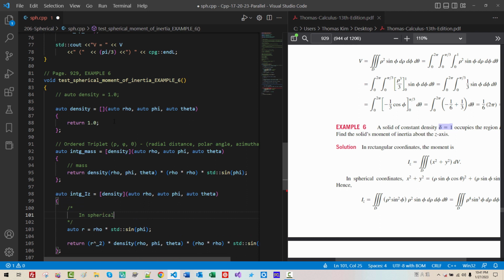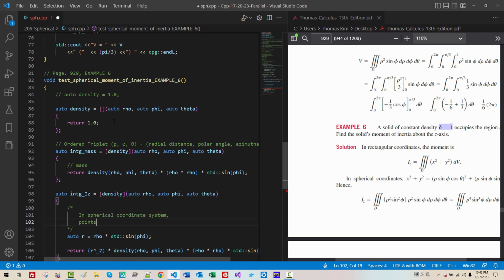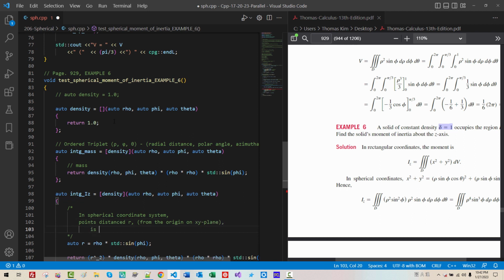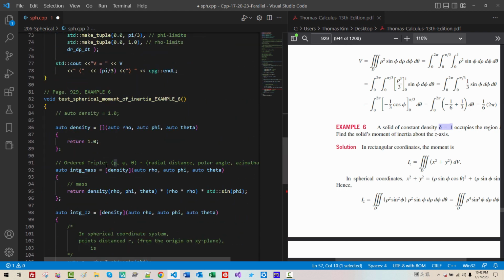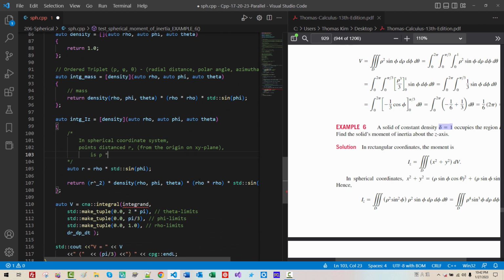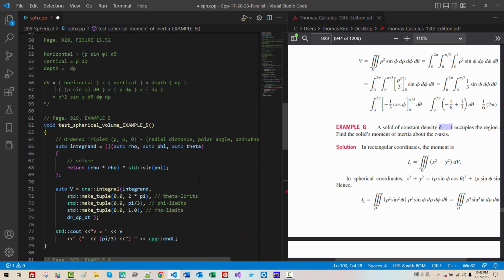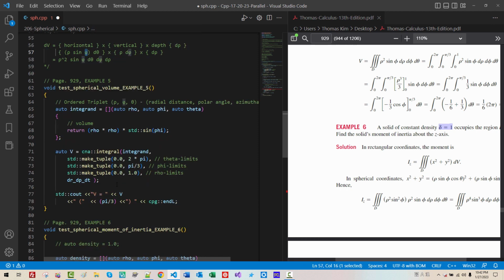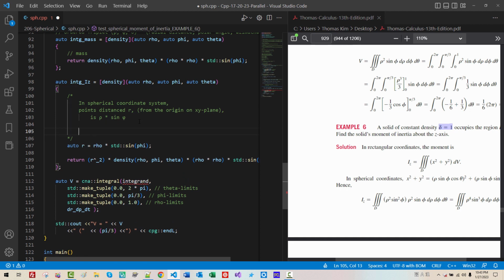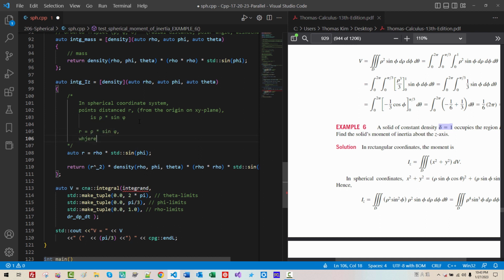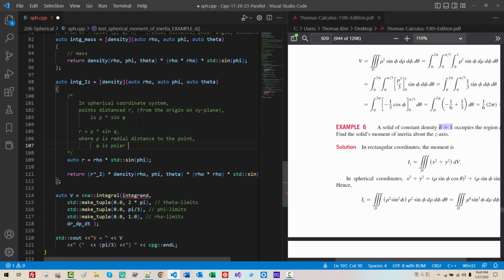In the spherical coordinate system, the distance of points from the origin on the xy plane is r equals rho sine phi, where rho is the radial distance to the point and phi is the polar angle.